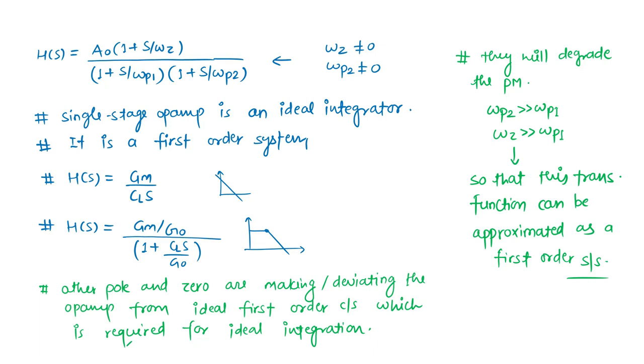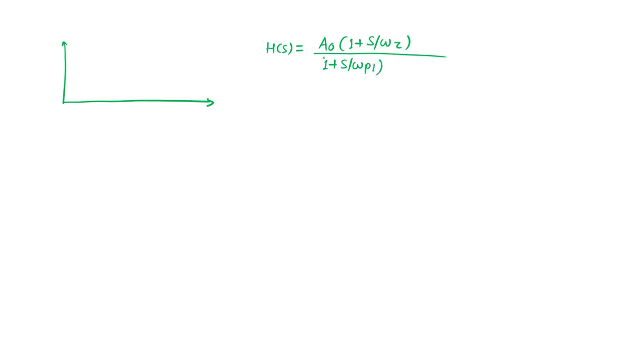So these are the assumptions that we make here. Overall, for this higher order system, let me write here: 1 plus s by omega z, over 1 plus s by omega p1, times 1 plus s by omega p2.